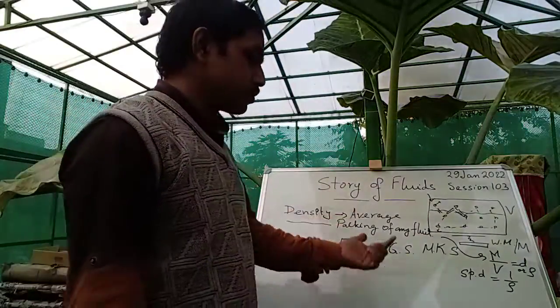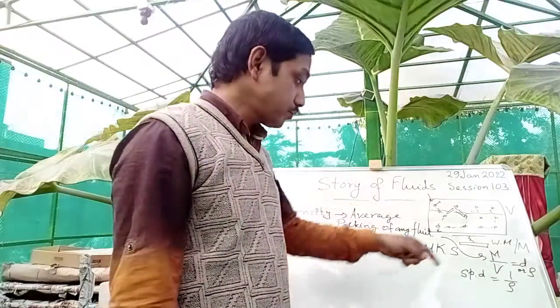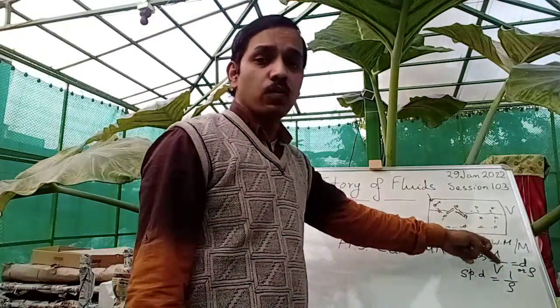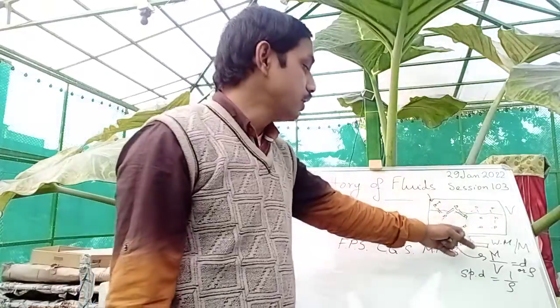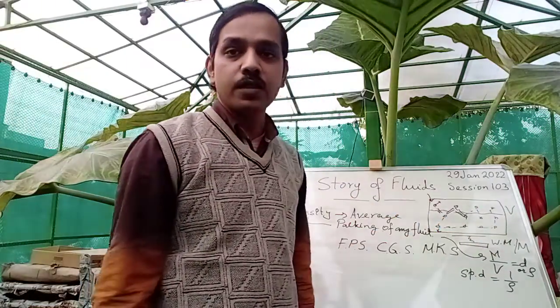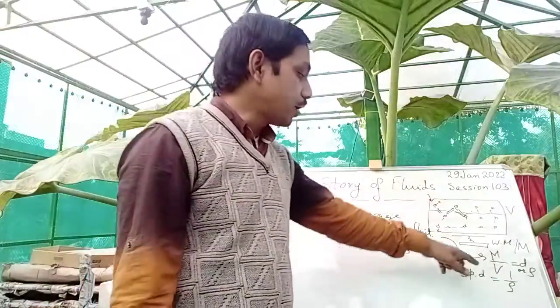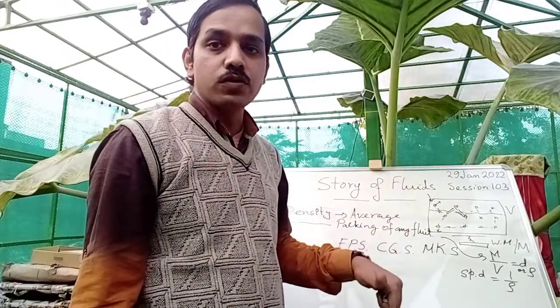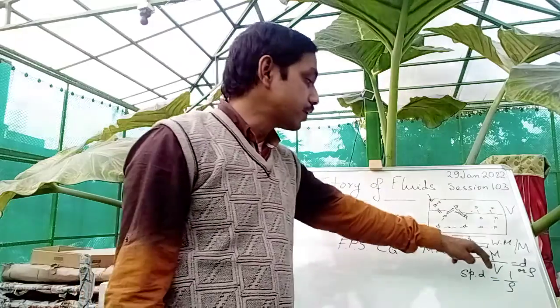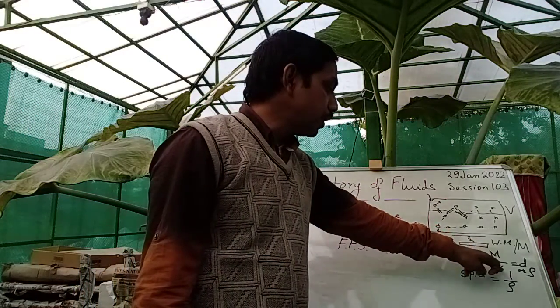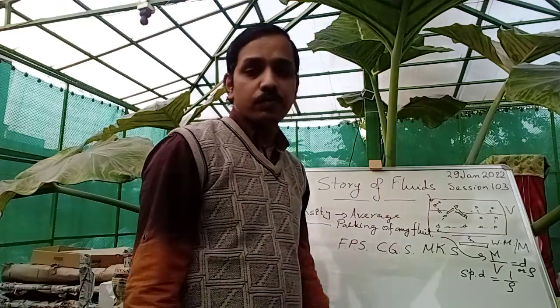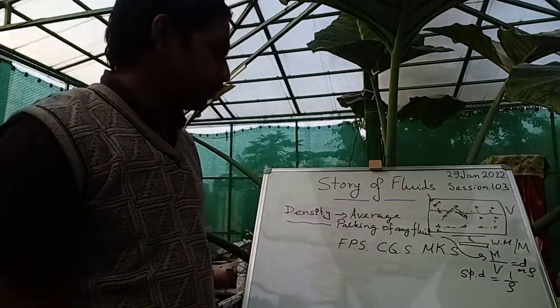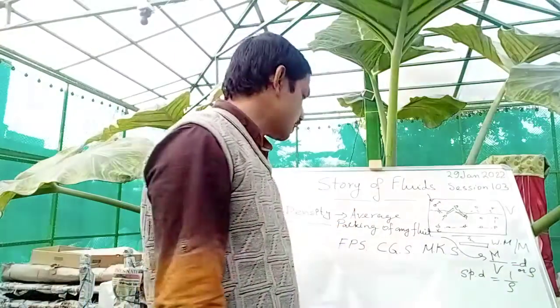Sometimes we measure based on which one is more reliable. Based on reliability, sometimes M by V is a more reliable factor than V by M, and sometimes we want to know that something is known. So if you want to calculate maybe M instead of V, it is better to use the specific volume, specific density.